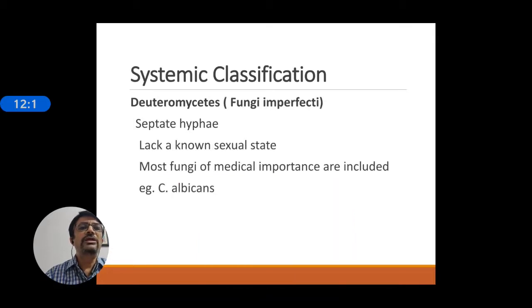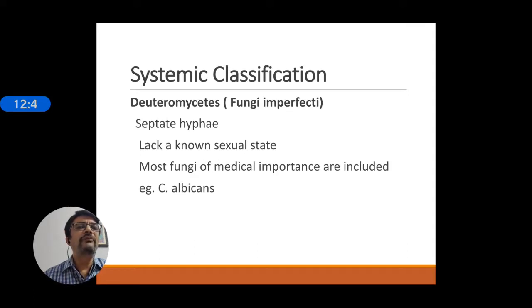And the fourth class in systemic classification is basically the leftover group. Wherever we don't know the exact sexual state of a fungus, or if some fungus lacks the sexual stage of reproduction, they are all grouped together as deuteromycetes, or the fourth class. That's why it is also known as fungi imperfecta.